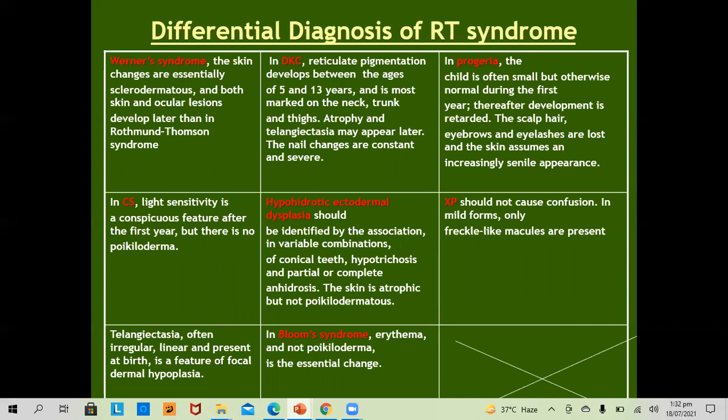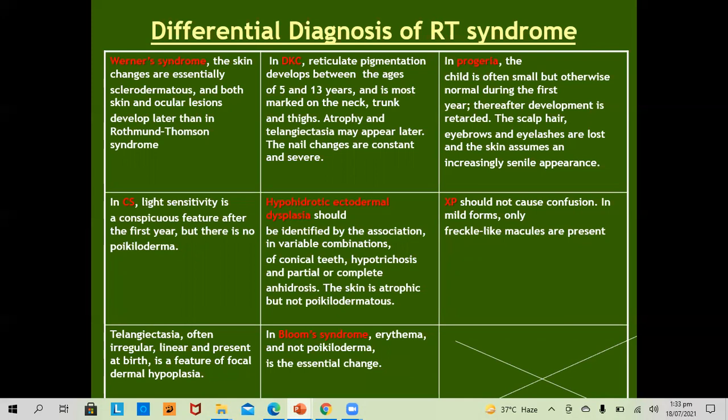In Cockayne syndrome, there is light sensitivity, and conspicuous features are seen in the first year, that is telangiectasias and facial rash, but again no poikiloderma. In hypohydrotic ectodermal dysplasias, there is an association of teeth abnormality, hair abnormality, and partial or complete anhydrosis. The skin is atrophic but not poikilodermatous.